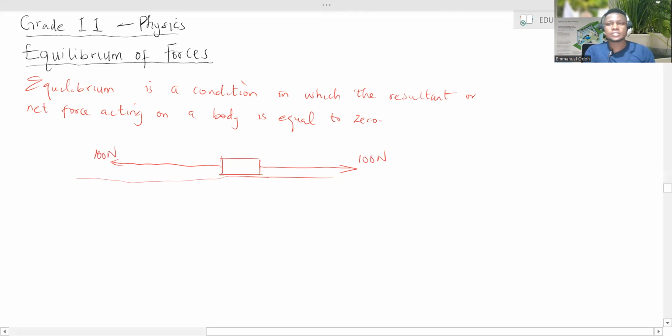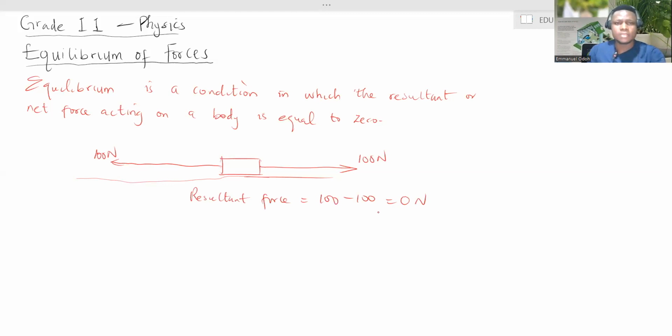From what we've done under vectors, the resultant force here is 100 minus 100, which is 0 Newton. So in other words, this box is in a state of equilibrium because the net force or the resultant force acting on the box is equal to 0.